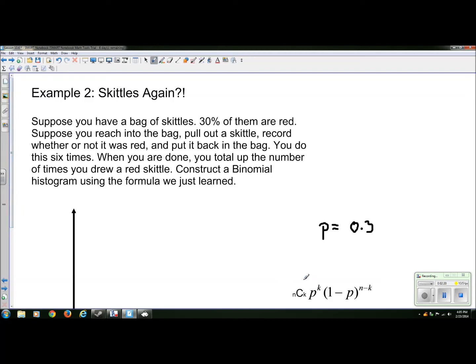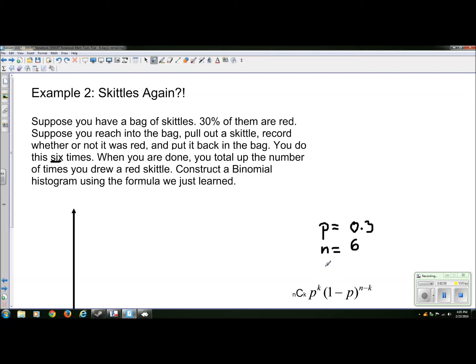What are our n and our k? Those are the other variables in the formula. Well, n is the number of times that we draw the Skittle out of the bag and record it. That's our number of trials. How many times do we do that? We did that 6 times. And what's k? K is the number of red Skittles that we drew out of those 6 trials.